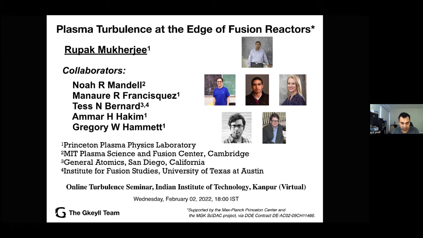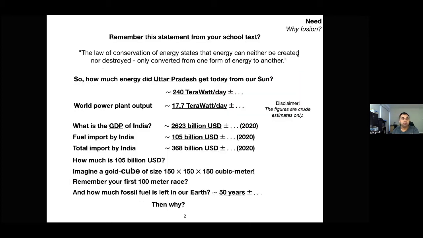So we have fusion reactors in Princeton and in Germany and in many other countries, including India. And plasma turbulence does occur in these fusion reactors because we achieve the fusion via plasma. And why we need plasma, etc., I will be talking about.